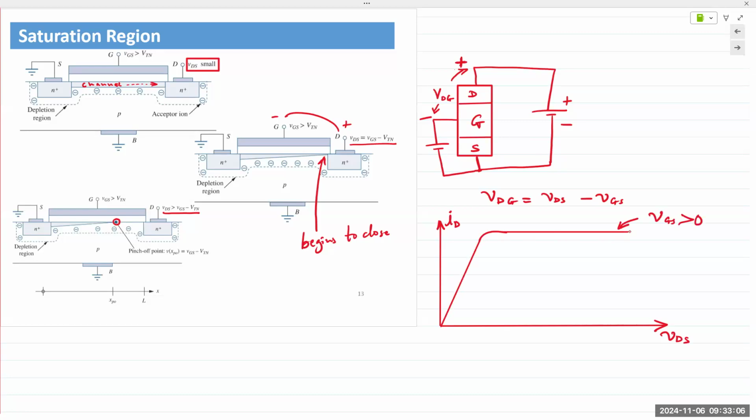What happens at the channel at pinch off is the electrons that were flowing get pulled and all injected into that depletion region.